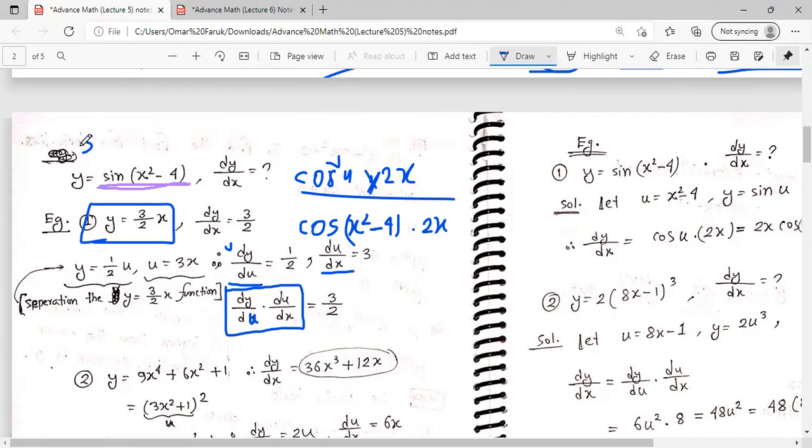So we know the derivative of sine x. Here you just compare this function with this function. Here is sine, but here we expected x, and here it is not x. It is x squared minus 4. So that means this sine is our outer function, and this thing is our inner function, or we just call it u.